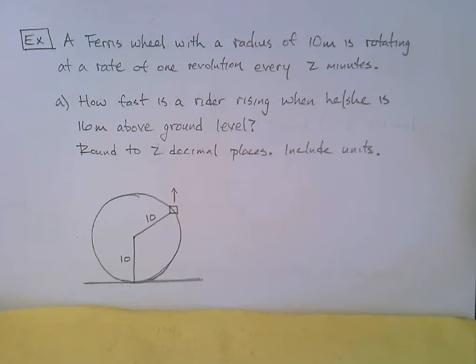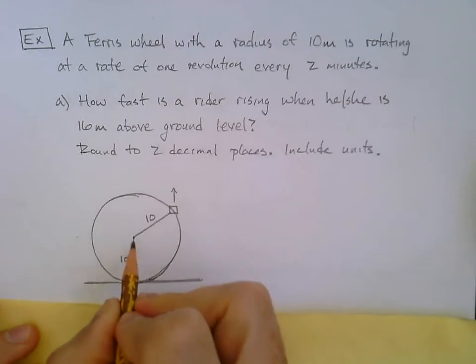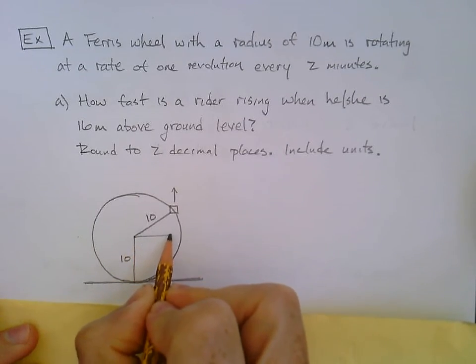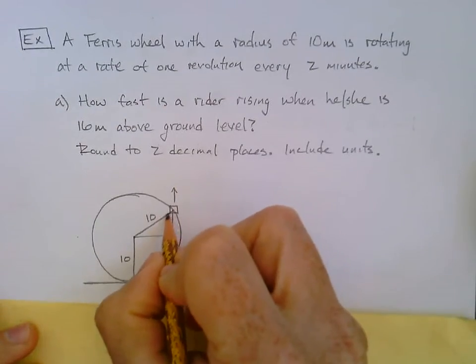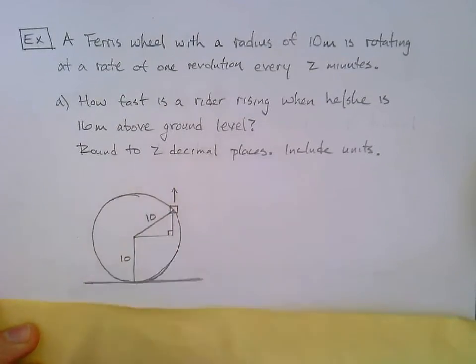Okay, so what's going to be key here is, what do we even do with this? Here's what we can do. We're actually going to create a right triangle again. So from the center point, draw this right triangle.